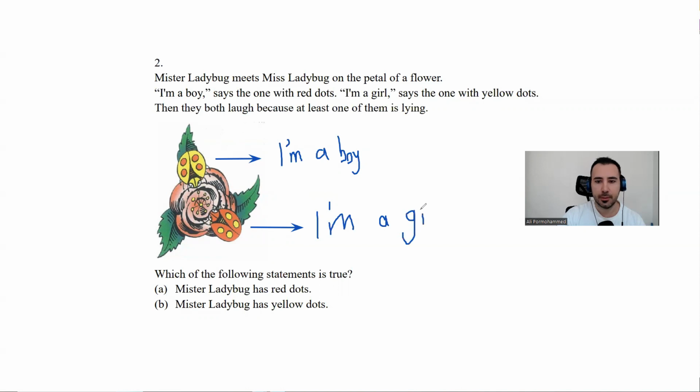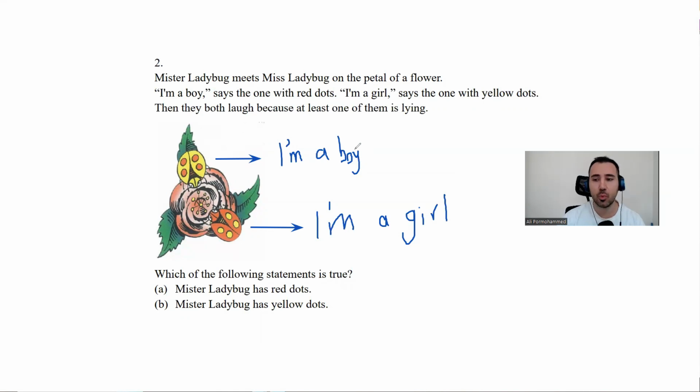Okay. So one of them is claiming to be a boy, the other one is claiming to be a girl. And then they both laugh because at least one of them is lying. So maybe one of them is lying, maybe both of them are lying. Let's see which one is possible.